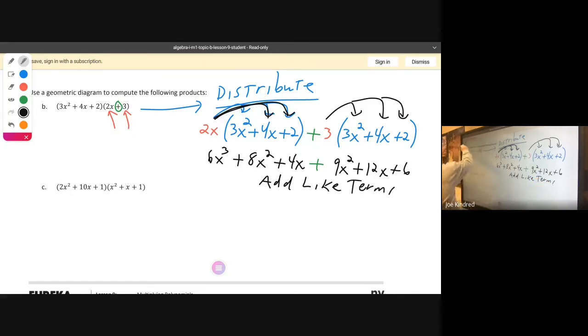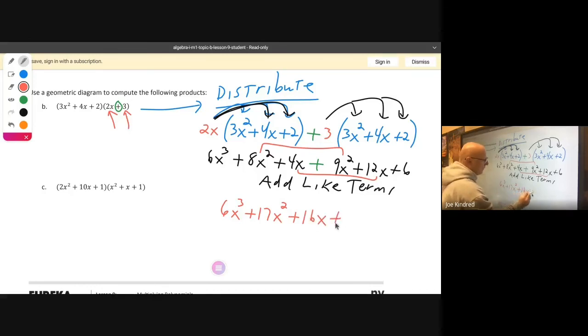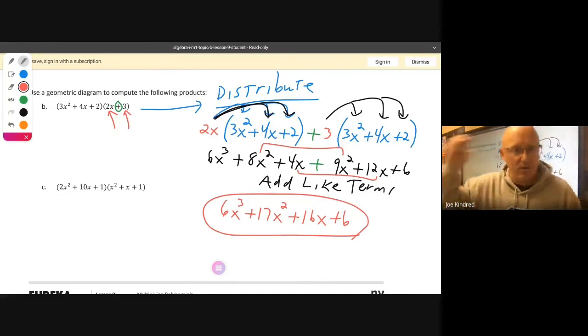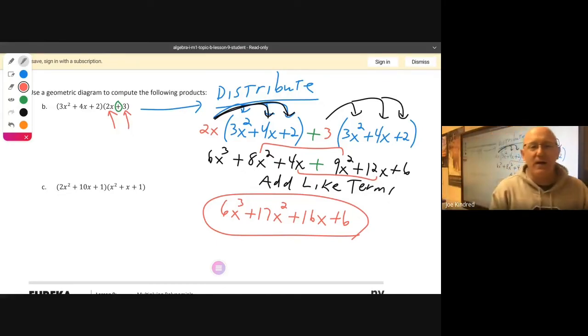I notice that I have like terms here and here. I also notice I have them here and here. My final answer: 6x cubed plus 17x squared plus 16x plus 6. 3 different ways to multiply polynomials.